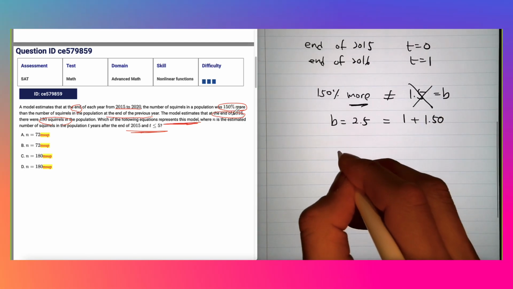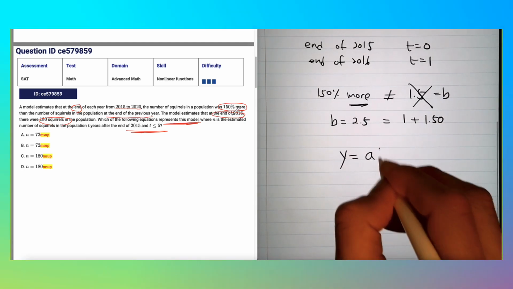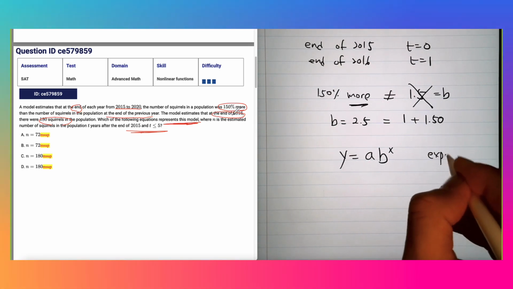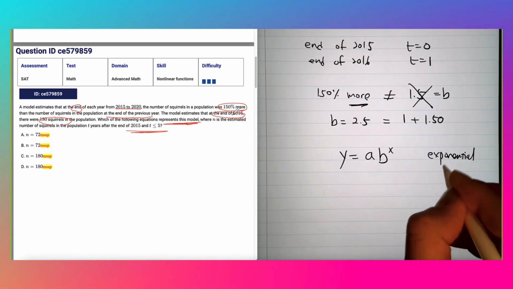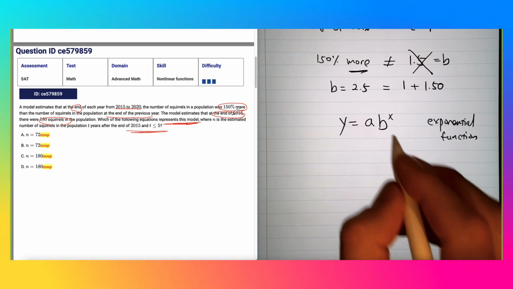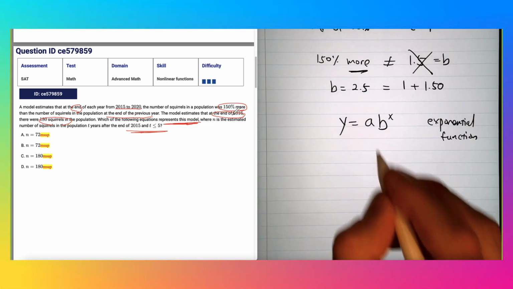So you can rewrite this: y equals ab to the power of x. Again, this is an exponential function. You're going to plug in the 2.5 where b is.